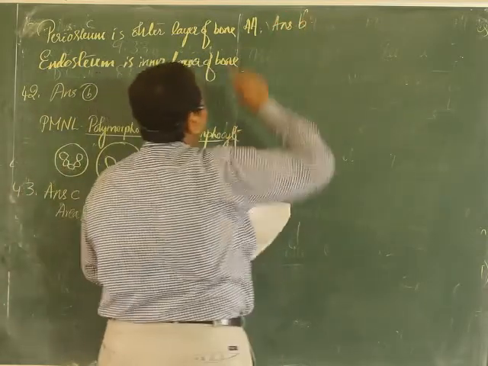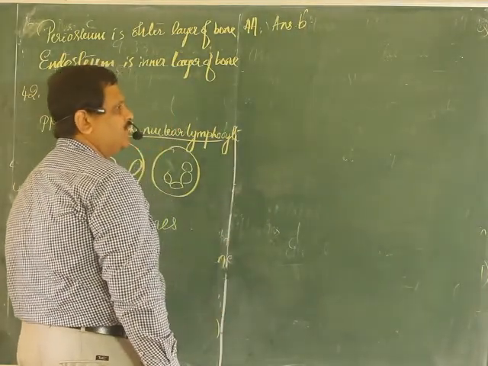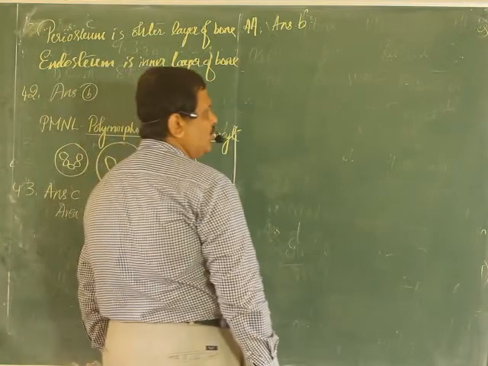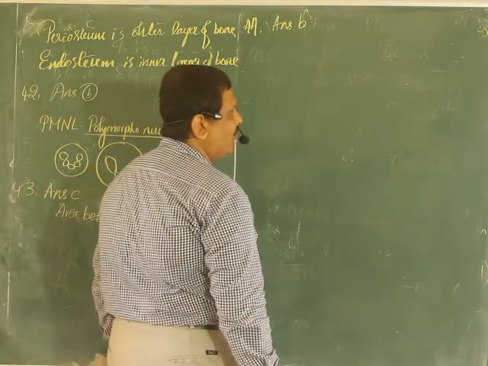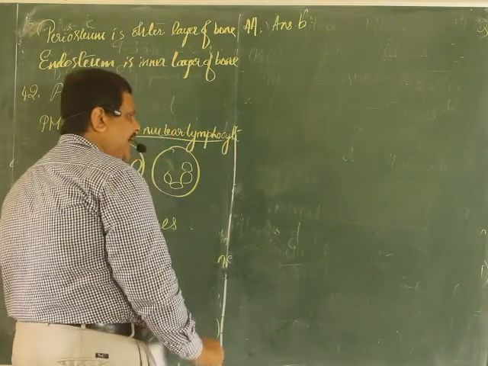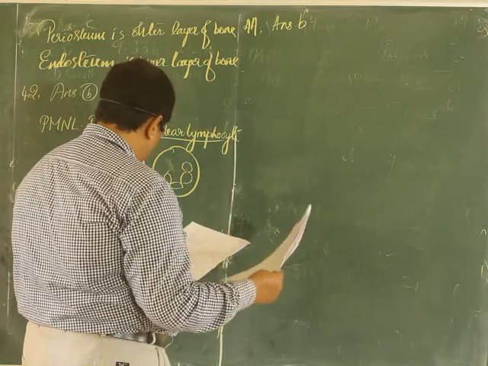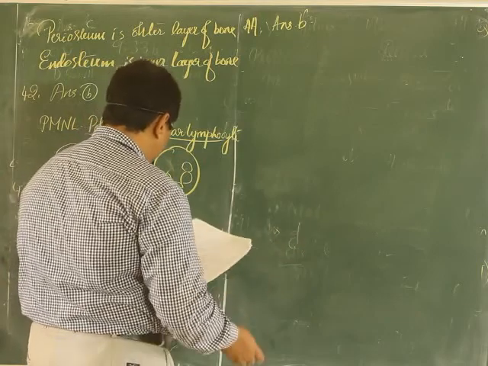The process of segmentation we observe in earthworm. So segments are found in earthworms, and their locomotory organ is setae. And there's question number 45.